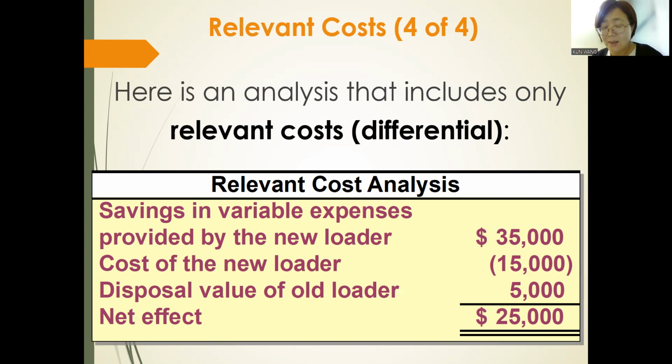Same result as the total cost approach, but you can see it's much simpler. But when you use the differential approach, you need to be very clear and confident in identifying and using the right items only. You will get the same result. So we call it the differential approach.